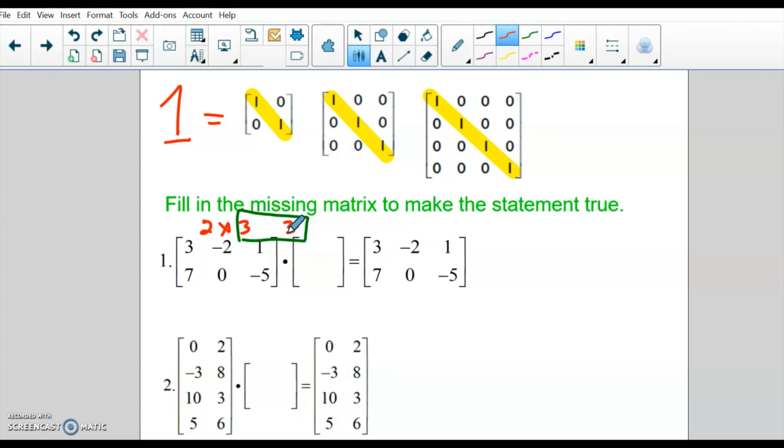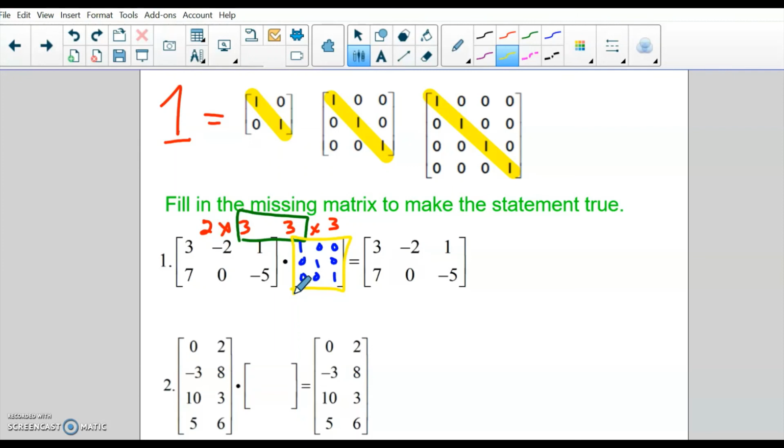And since identity matrices are all square matrices, this must be a 3 by 3 identity matrix. So for number 1, this has to be 1, 0, 0, 0, 1, 0, 0, 0, 1. That is the identity matrix that would fit to work in problem number 1.